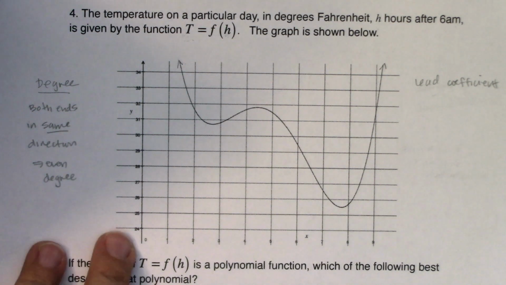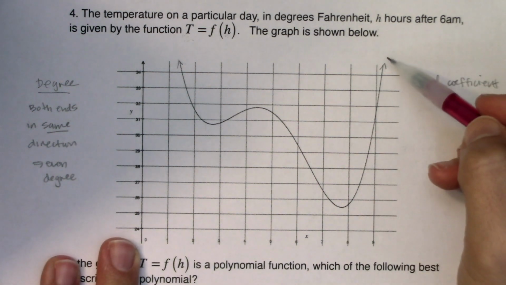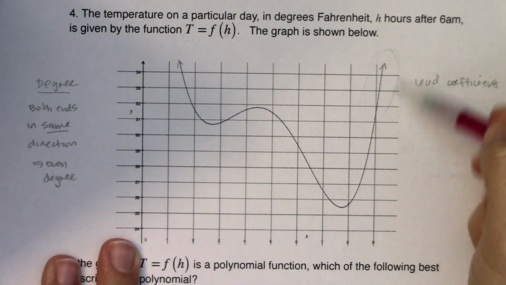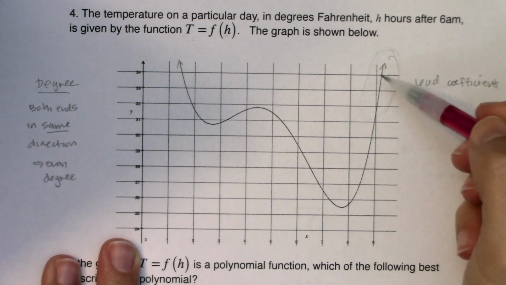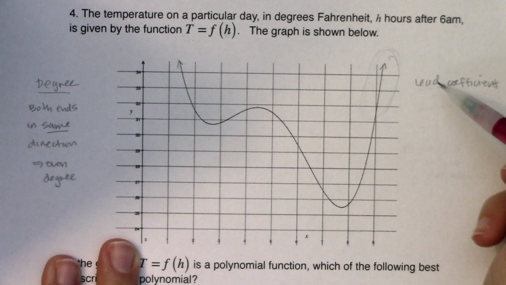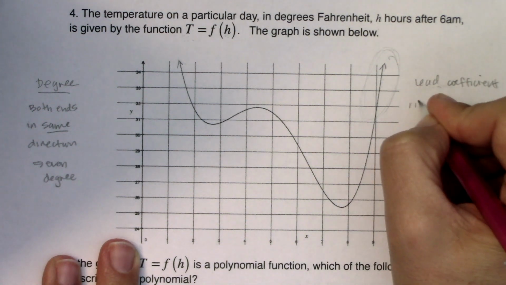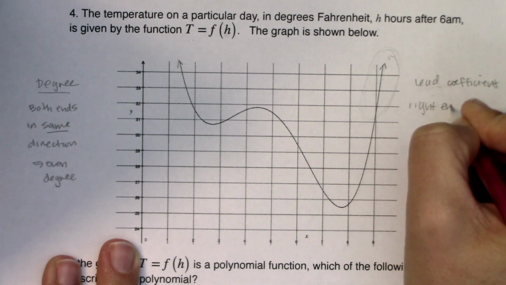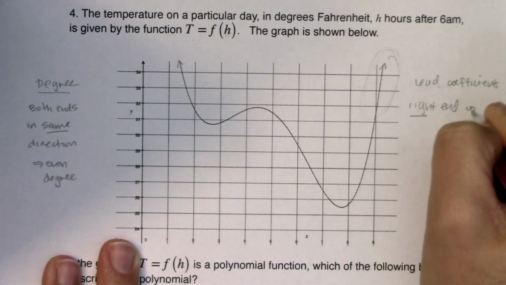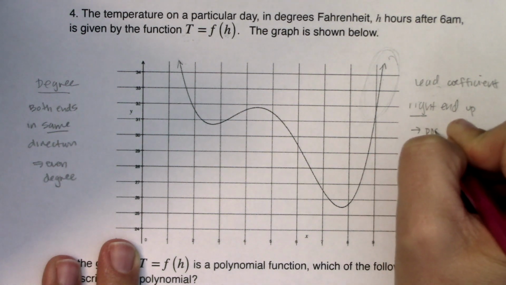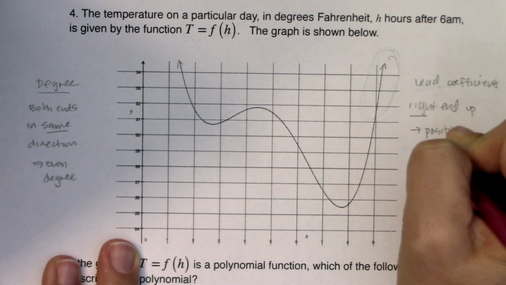Okay. Now, one thing I will say is because this right end is up, when the right end is up, you have a positive lead coefficient. So I'm going to say specifically because the right end is up, that means I have a positive lead coefficient.